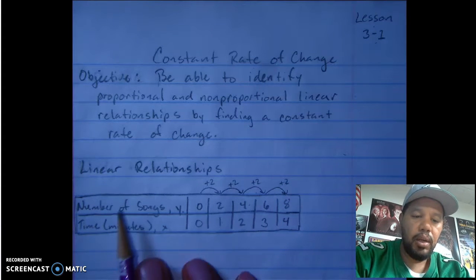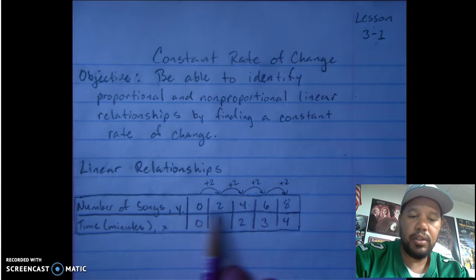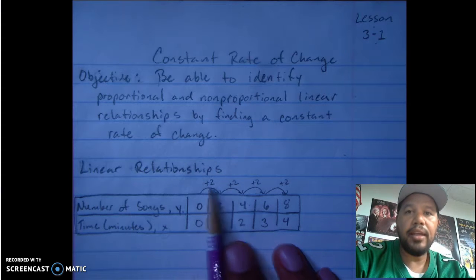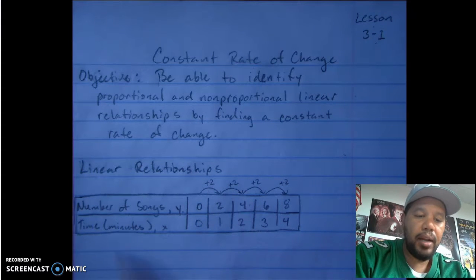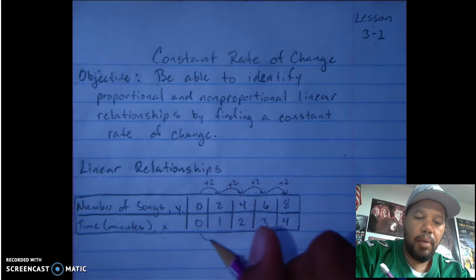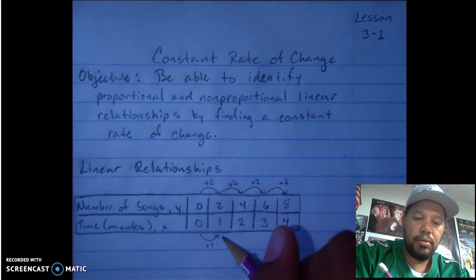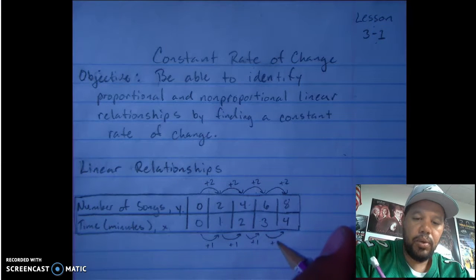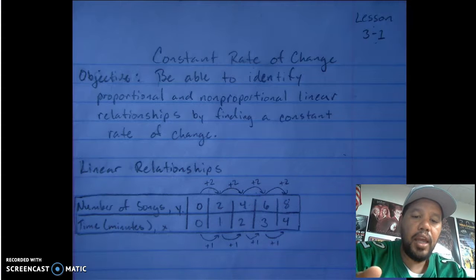So the number of songs goes up by 2 every time, which I denote by plus 2. On the bottom, the minutes are going up by plus 1, plus 1, plus 1. And like I said, the rate of change is a ratio. A ratio is a fraction.